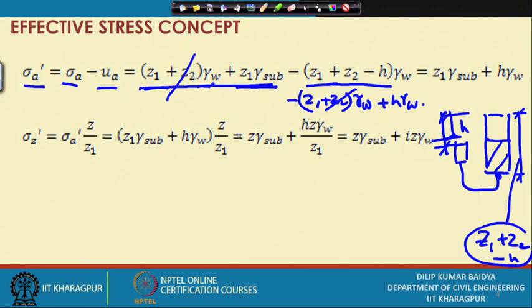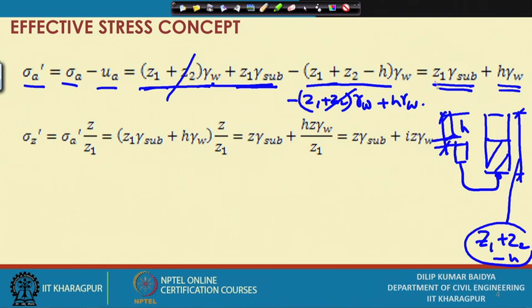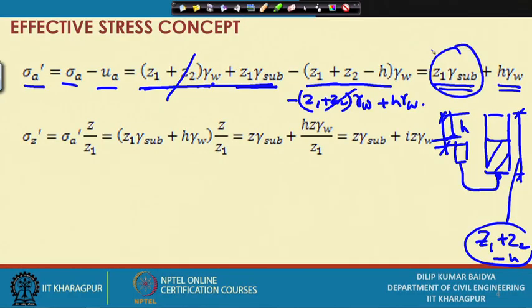So, you will have z 1 gamma submerged plus h gamma w. That means, what we have seen in the previous one is that only when there is no change in head from the two sides do we get z 1 into gamma submerged.